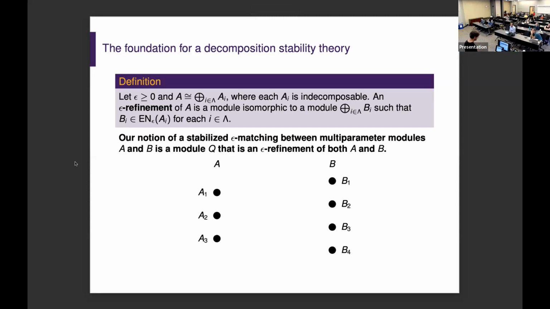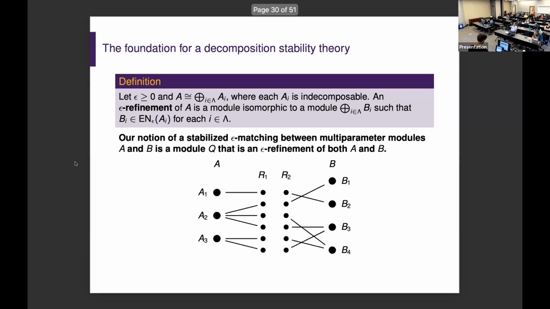A and B. And if we look at this in a diagram, then we can see that here we have two modules A and B, and I've drawn their barcodes as these bullets. And as we've seen in examples before, we might not have a good matching directly between them. So what we do instead is that we first refine the modules.